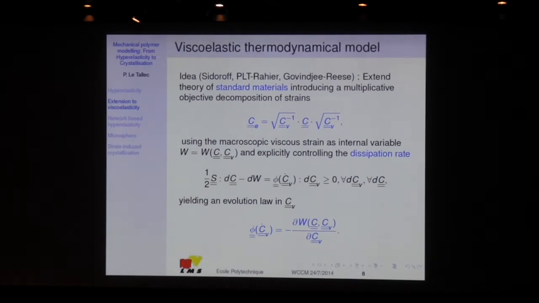So the right direction in the past is probably to use the direction of Mandel and Sidoroff in the 80s, which we also used with Christophe Rahier in the 80s, and which Sanjay Govindjee and Stephanie Reese have also used. It is to base the theory not on the additive decomposition of the stress, but on a multiplicative decomposition of the strain. That is, in large deformations, the deformation gradient should be a product of an elastic deformation and a viscoplastic deformation.